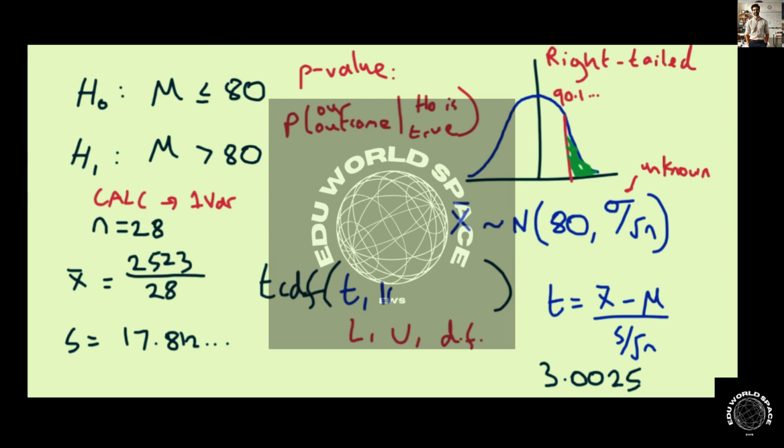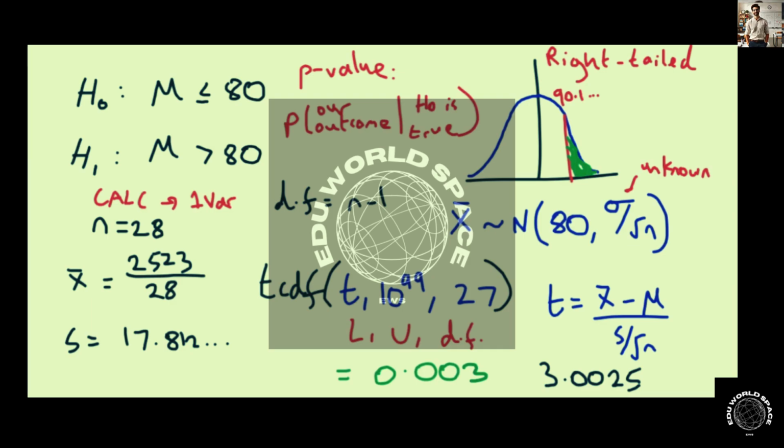My calculator doesn't have that, so I put 10 to the 99. Degrees of freedom for a one-sample t-test is n minus 1, so that's 27. So this is the probability of such a high t-value if the population mean really is 80. And the output is 0.003.